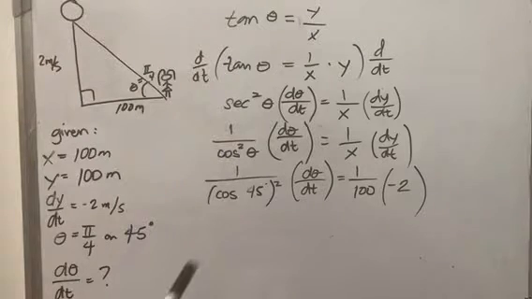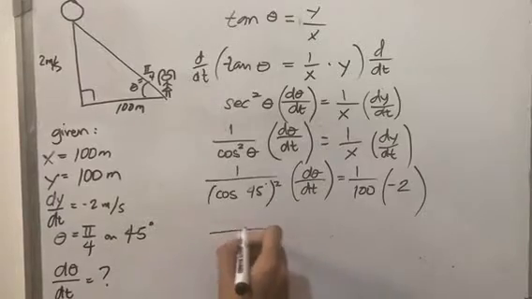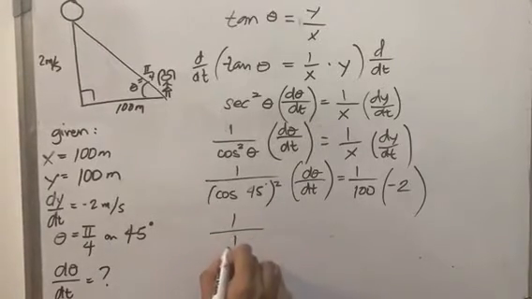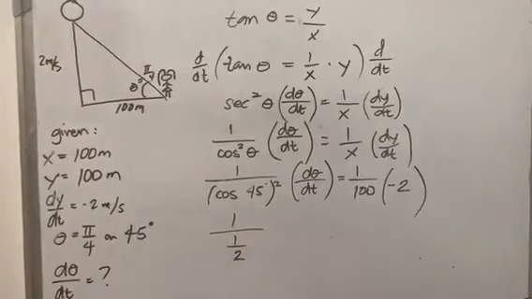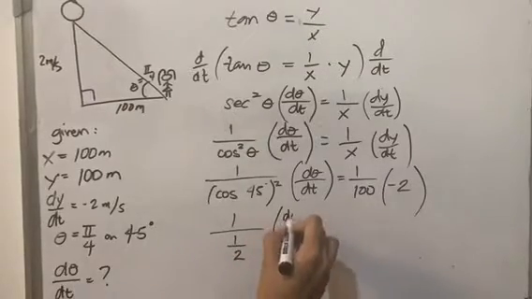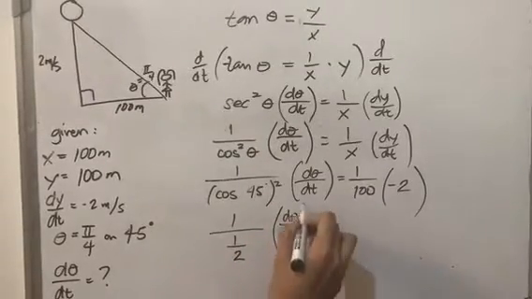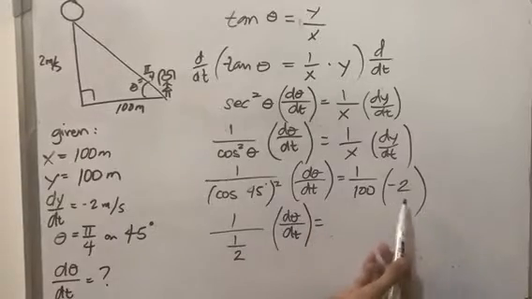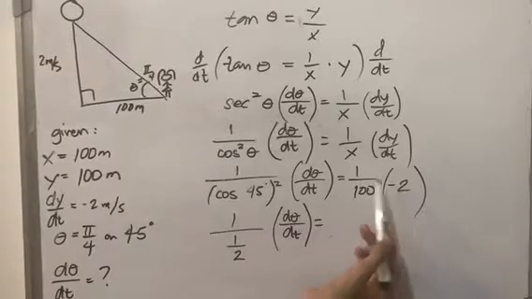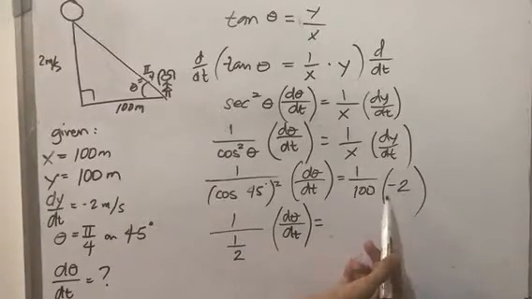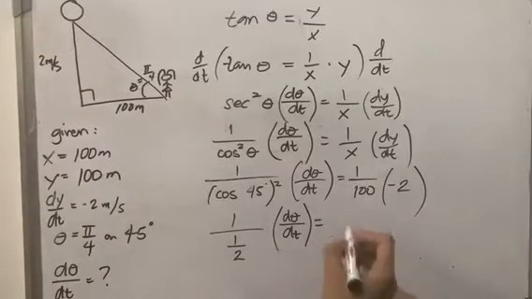Now, before proceeding, let's first find the value of cosine squared 45 degrees. So that would be 1 over 1 half, d theta over dt. Now this would be negative 2 over 100.